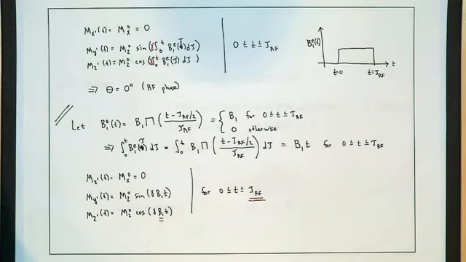Now, what changes? I could design two 90-degree pulses with different B1s. I could have a small B1 and I could have a really large B1. What's the difference in what happens to my bulk magnetization if my B1 is larger? It goes faster. That's all.